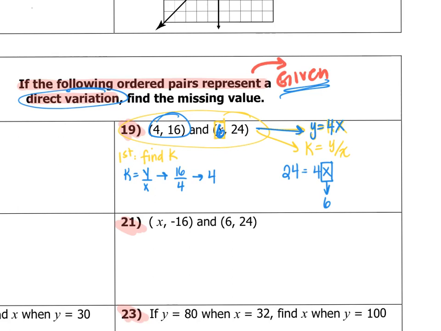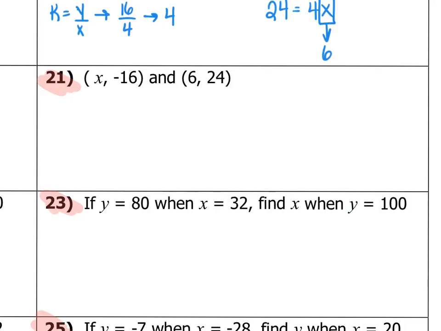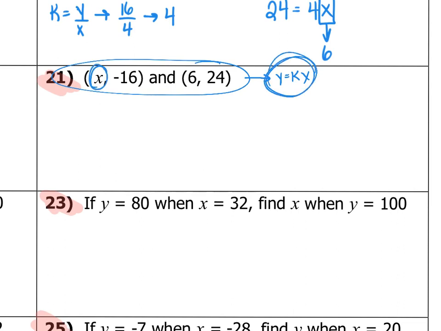Let's try another one. Again, it was given that these ordered pairs follow a direct variation. So we got to look for this missing value. So let's build the equation first. Let's find k. The k between them is y over x, also known as 24/6.